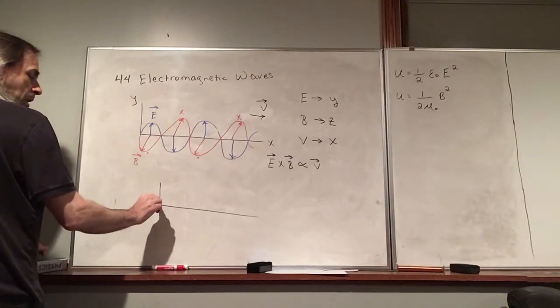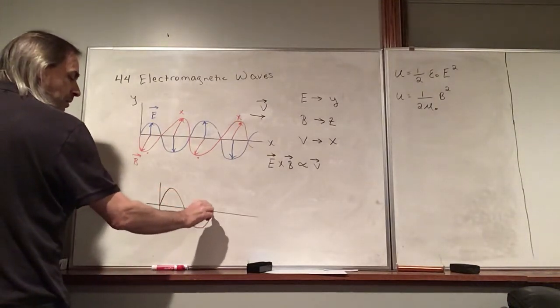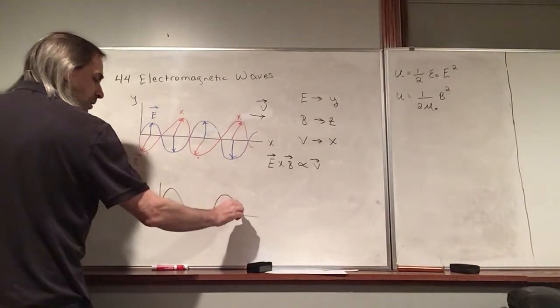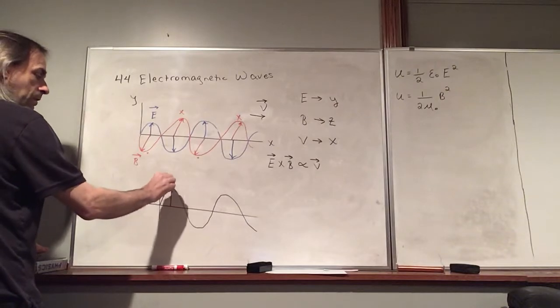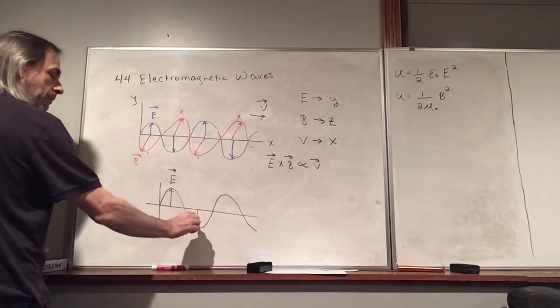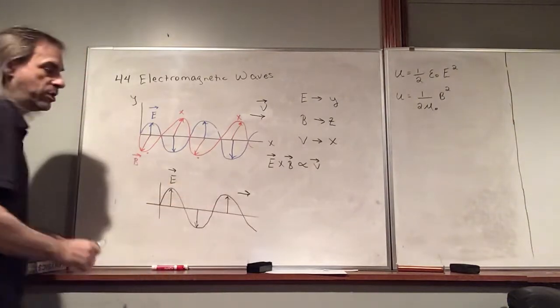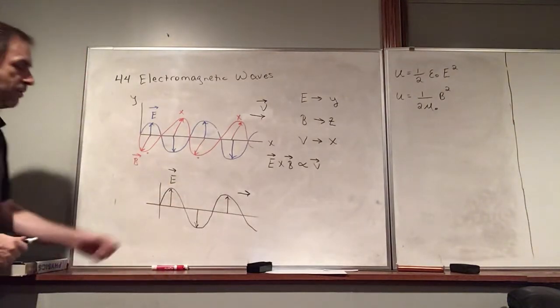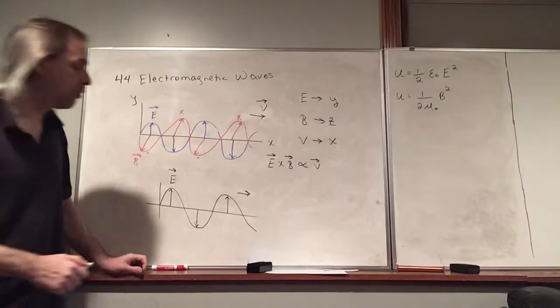Let's say I gave you a wave where the electric field looked like this. So that's the electric field. And if I told you this wave was moving to the right, you could see what direction the magnetic field is just from using this right-hand rule.